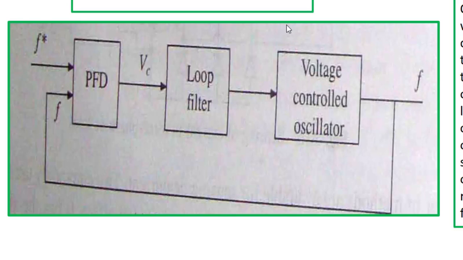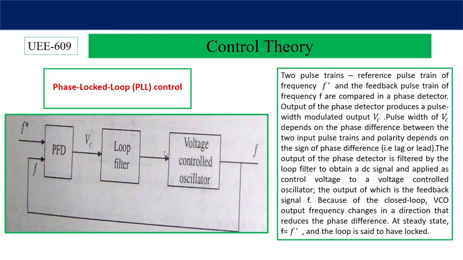The same thing is written here. You can go through it. This process continues till f is equal to f star. At that time the loop is said to be locked. That's why it is named the phase lock loop control system.